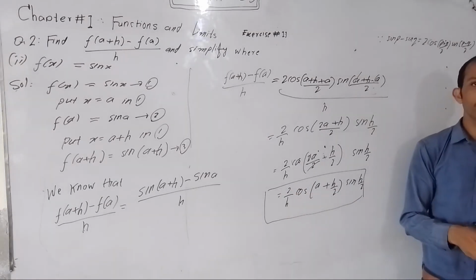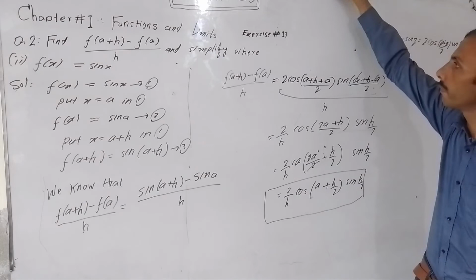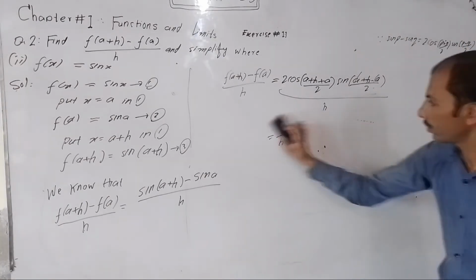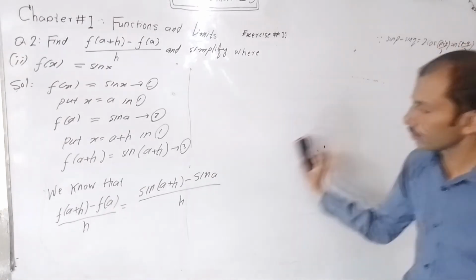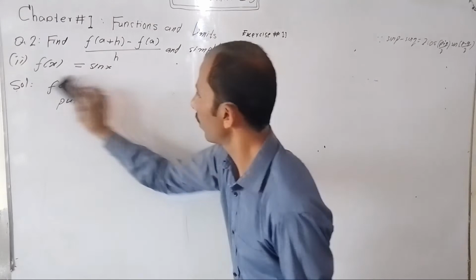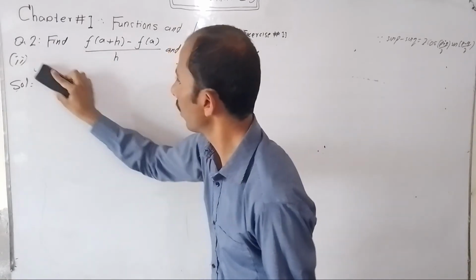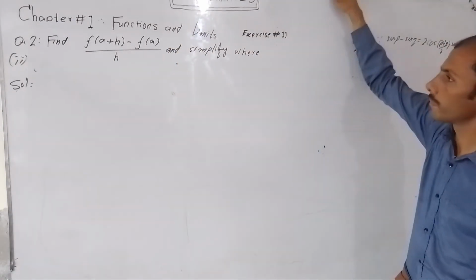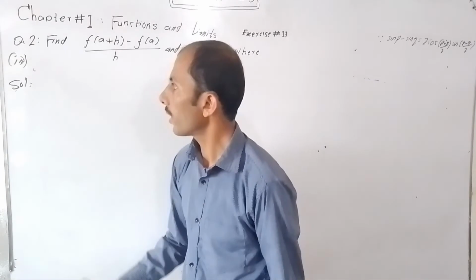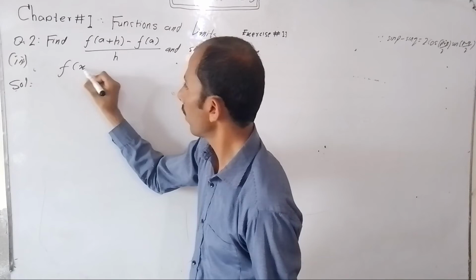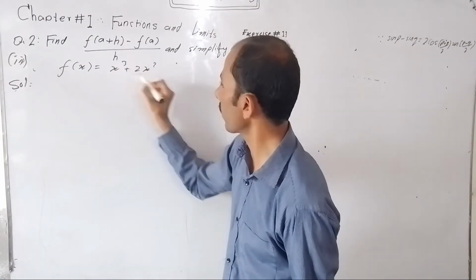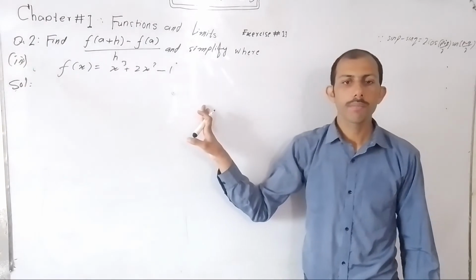Next, question number 2, part number 3. Part 3, f of x is equal to x cube plus 2x square minus 1.